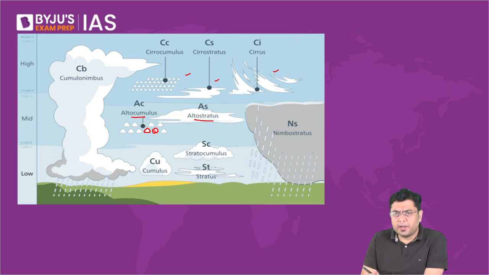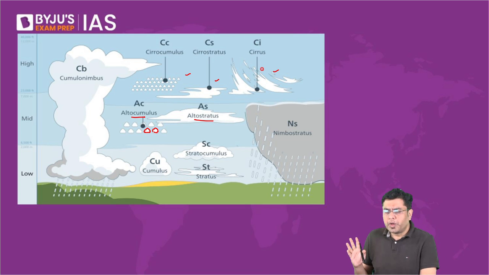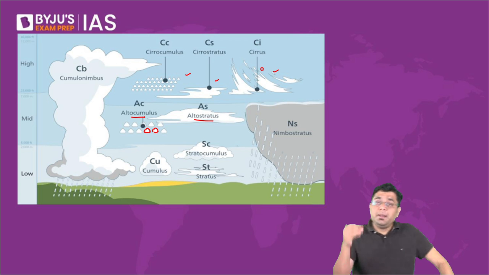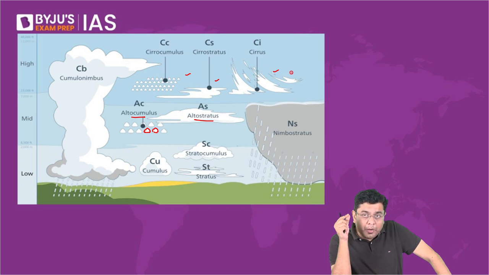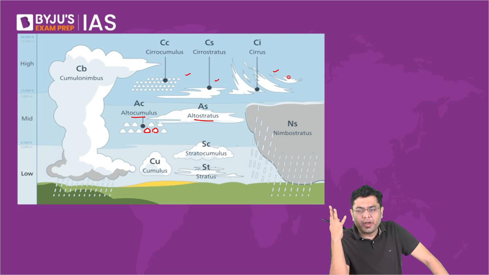Cirrus and alto level clouds, they will rarely bring you rainfall. In general, they will not bring you rainfall, because in the case of cirrus, by the time that even, let's say, there is some amount of ice particles which melt and which fall, the height is so much that before falling on the ground surface itself, it will re-evaporate. So that is why cirrus and alto, they will barely bring you any amount of rainfall.